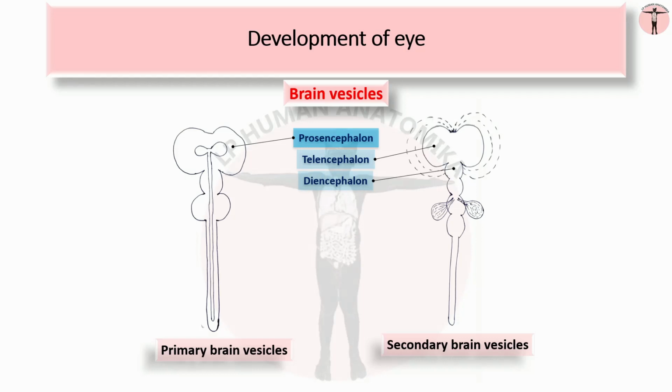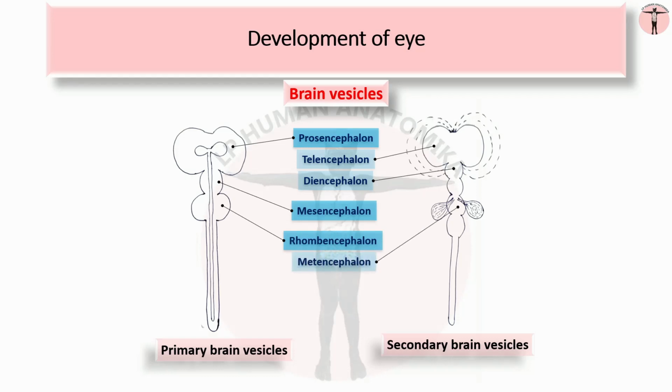The second dilatation is the mesencephalon, which gives rise to midbrain, and the third dilatation is the rhombencephalon or hindbrain, which further divides into metencephalon, which develops into pons and cerebellum, and myelencephalon, which develops into medulla oblongata.